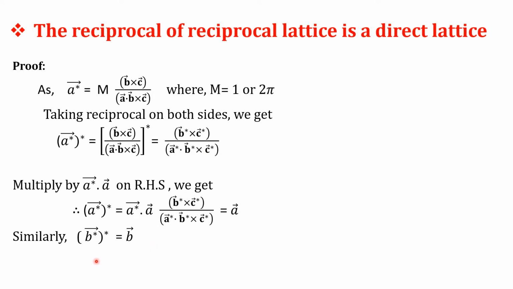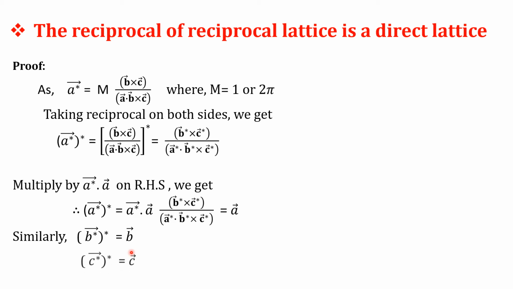That represents vector B star bracket star. Now if we simplify in the same manner by using the identity B star dot B is 1, which we multiply on the RHS side, the numerator and denominator terms cancel, and we get the remaining term: vector B star bracket star equal to vector B.